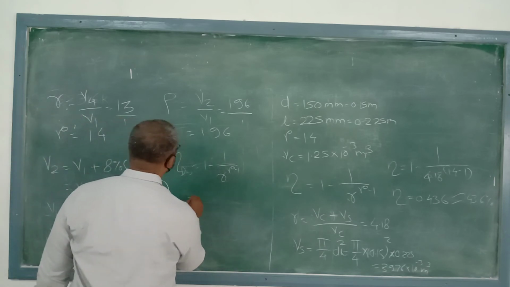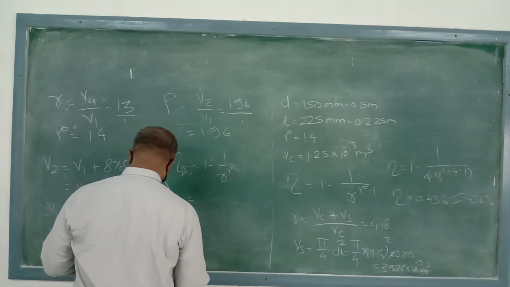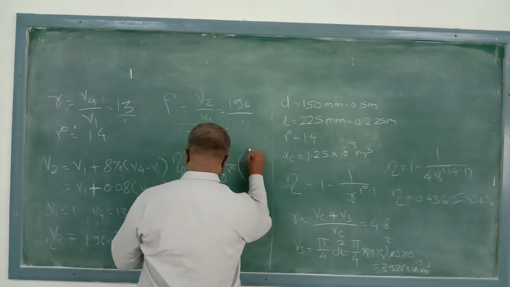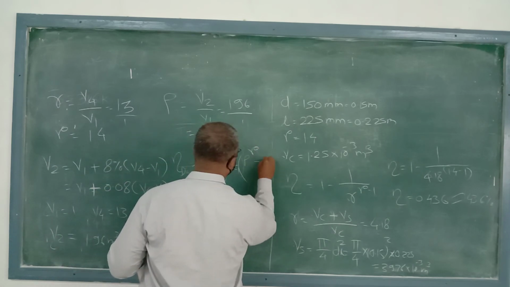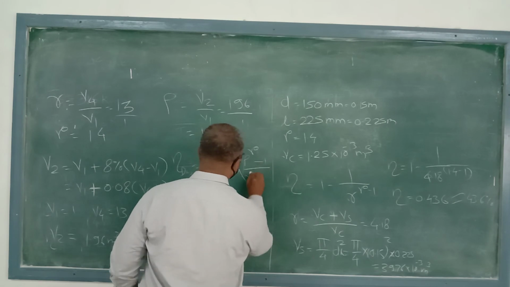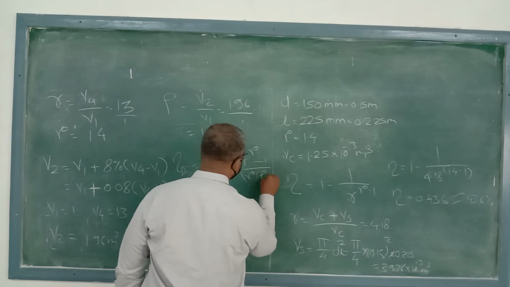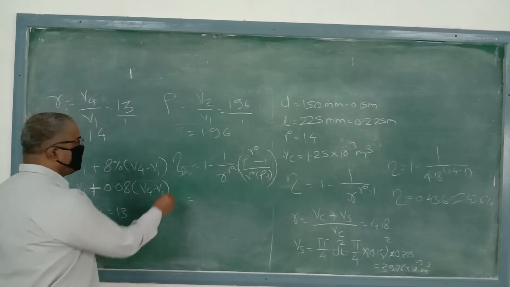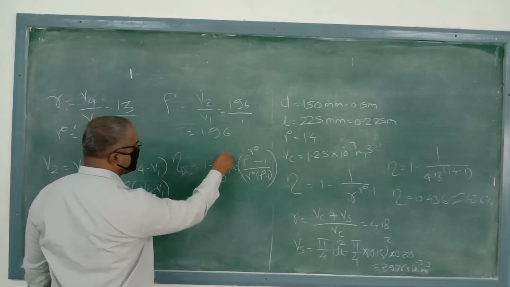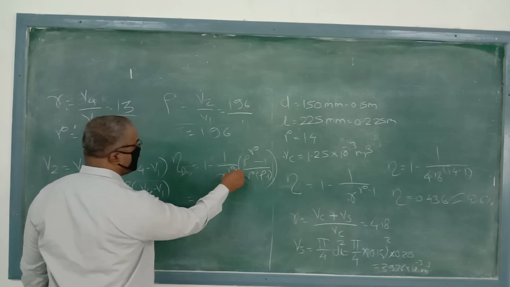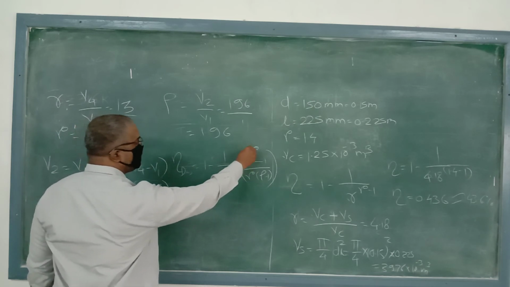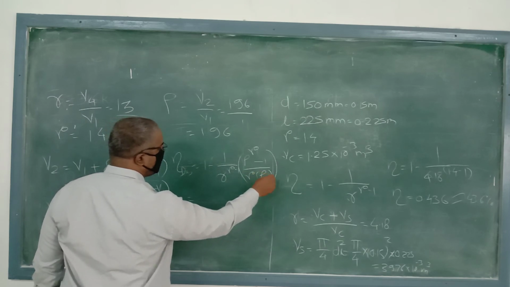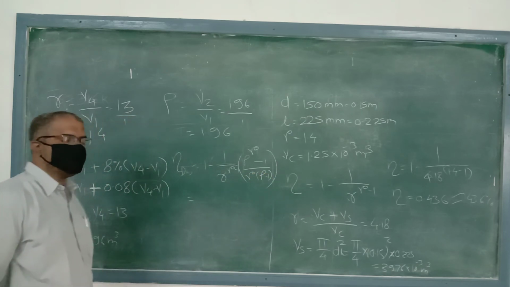So we can substitute here the cutoff ratio raised to gamma minus 1, upon gamma into cutoff ratio minus 1.